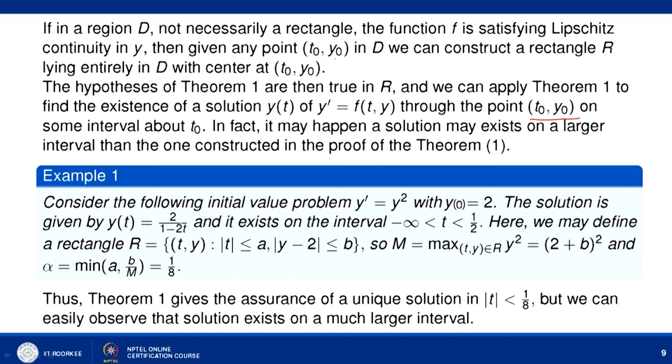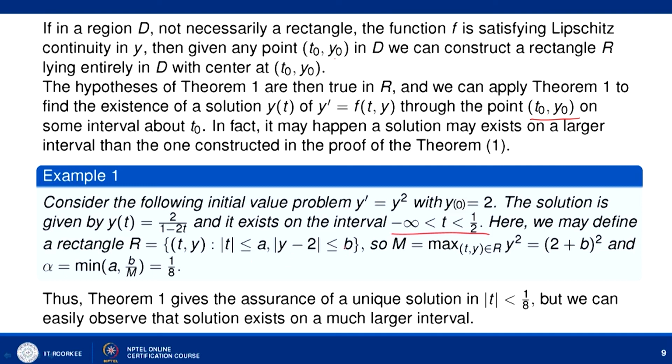This solution exists in the interval minus infinity less than t less than 1 by 2. But if we use the existence and uniqueness theorem which we have given, we may define our rectangle R, the set of all (t, y) such that modulus of t is less than or equal to a and modulus of y minus y naught, which is 2 here, modulus of y minus 2, is less than or equal to b.